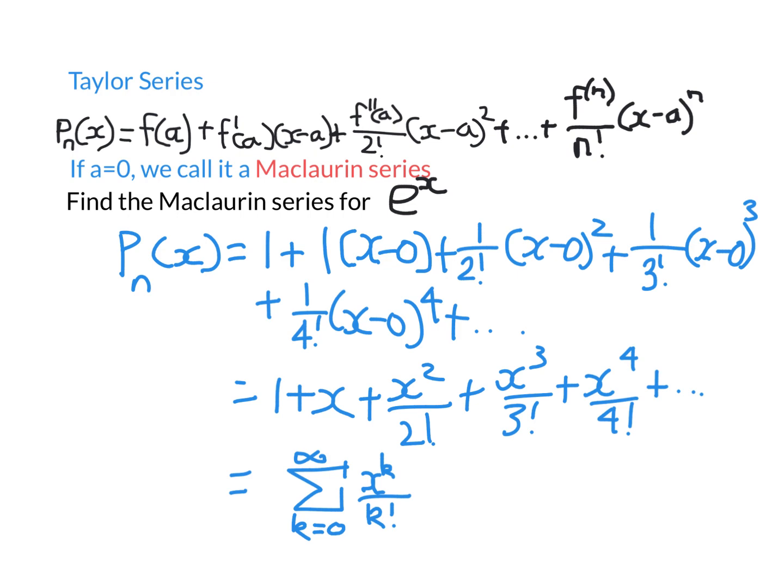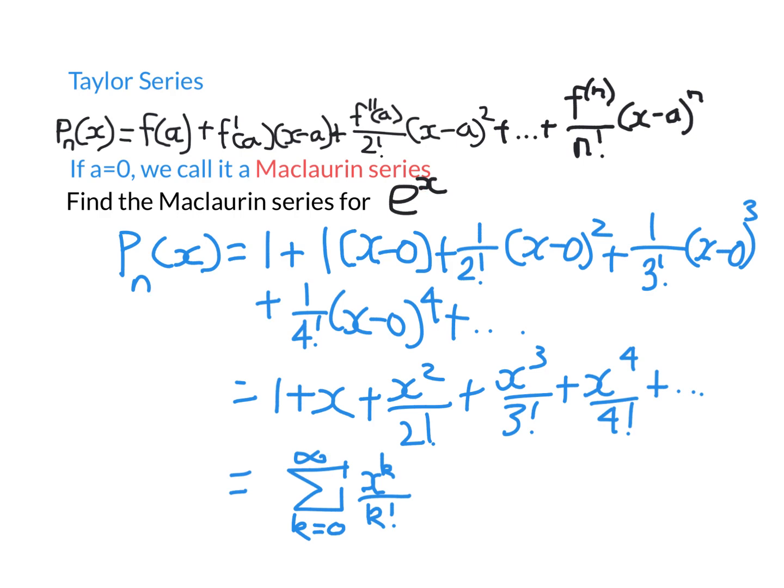Of course, your calculator would only use a certain number of terms, can't go on forever, but it just makes the calculation easier. But of course, because we did this around a equals 0, this polynomial is much, much better at approximating e to the x close to 0. Not really that good if the value that you're substituting for x is far away from 0.